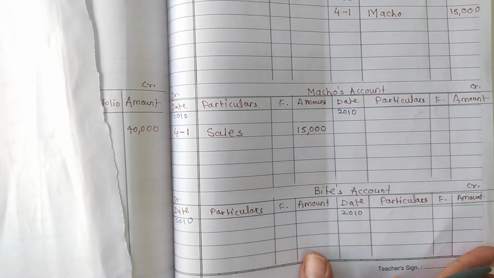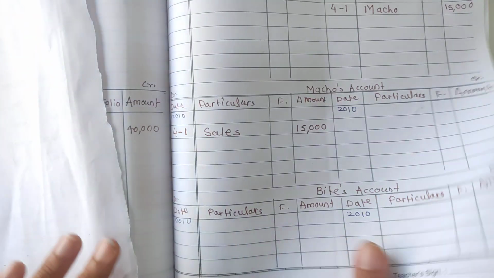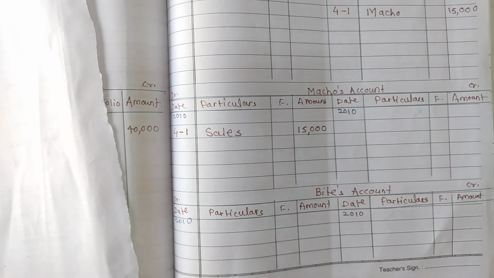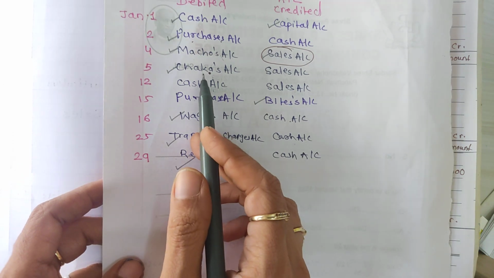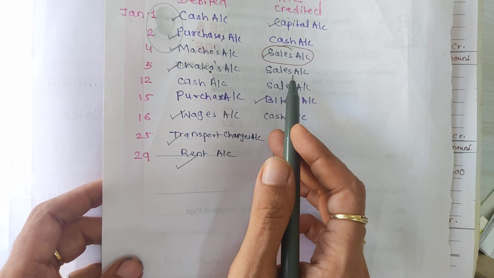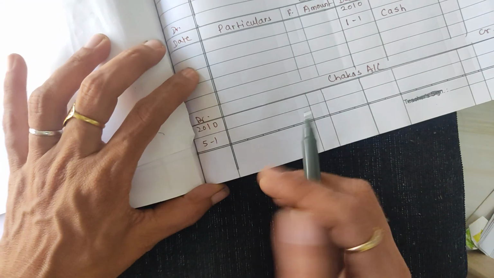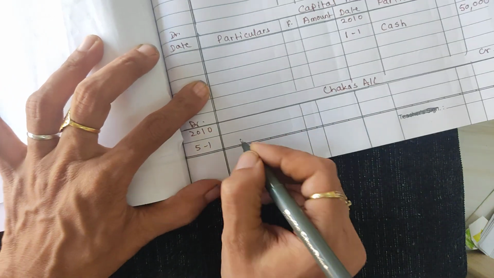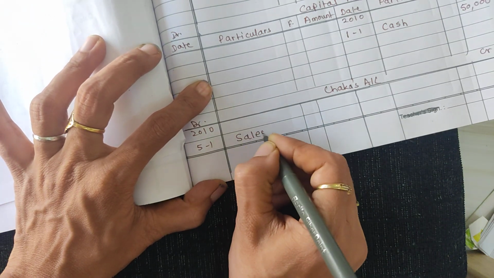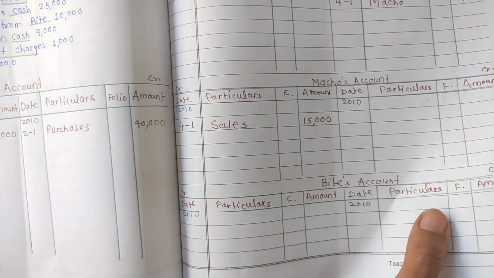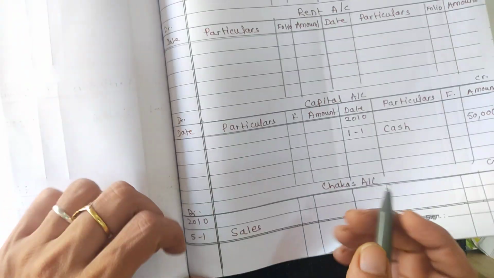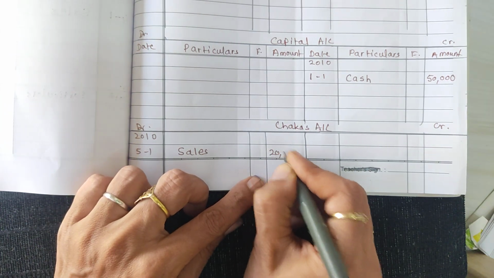So while writing in the Chaka's account on the debit side, you will write down the name of the account which is credited, that is sales account. So in the Chaka's account 5th January, write down sales and the amount is given 20,000, so write down here 20,000.